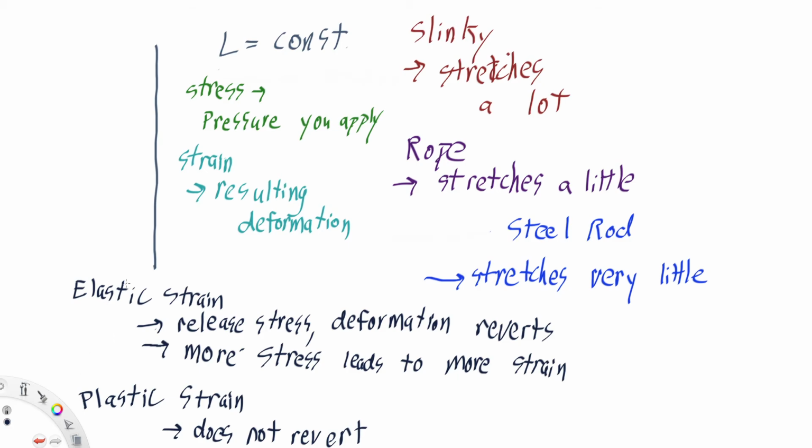And the point at which a material will switch from elastic to plastic strain is different for every material. So one of the things you can study if you become a materials engineer is the elastic plastic transition. So when does a material switch from temporary deformation that will bounce back to permanent deformation, and that's a rich field of study.